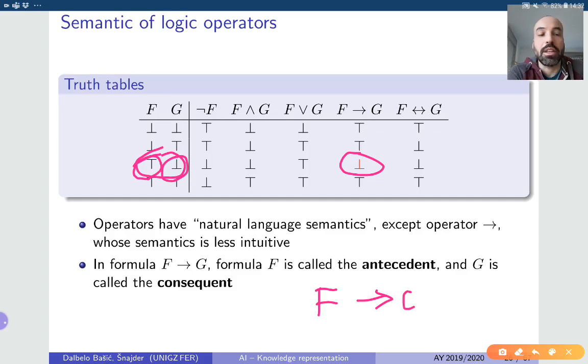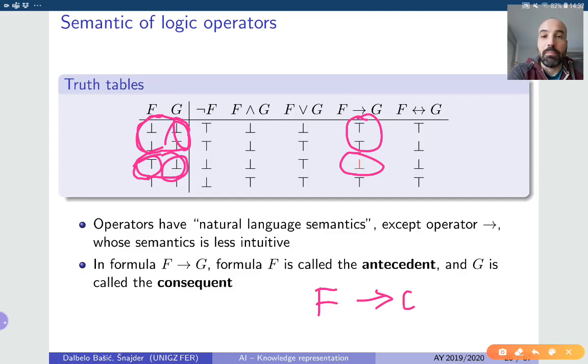Let's denote that with C. Now, it's true, actually, since the earth is not flat. And then, this is the case of these two interpretations here. And you see, regardless of the truth value of the consequent, the implication is true. So, if the earth is flat, then you can say whatever you want, since the earth's not flat. And at least I hope we are agreeing on this one.